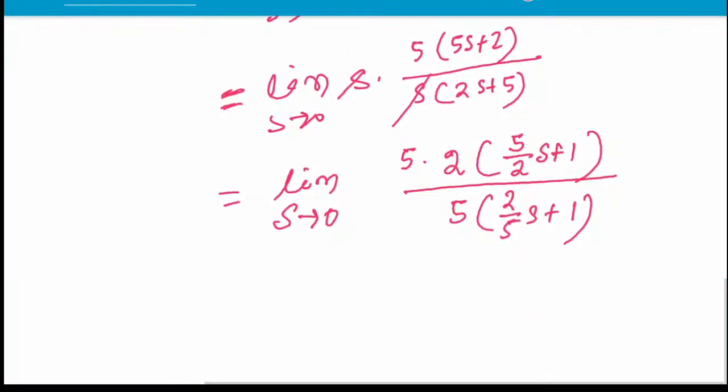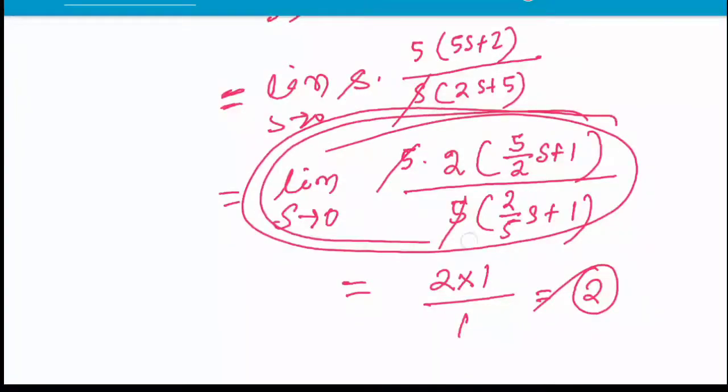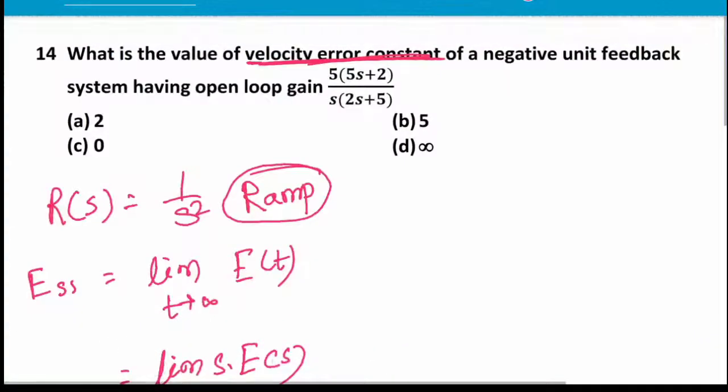So here 5 cancelled out and limit s tends to 0, and if we put s as 0 here, then 2 into 1 by 1, then it will be 2, only 2, or this step may not be needed. So answer here is 2. So velocity error constant is 2 here. Option A is the correct answer.